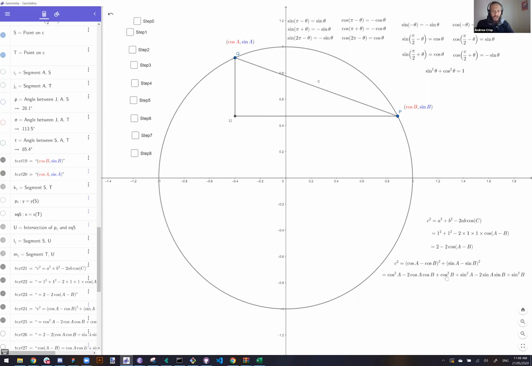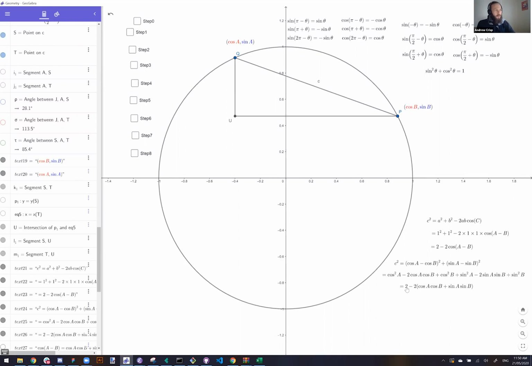And similarly, I've got a cos squared B and a sine squared B. Grab those together, turn it into a 1. And so I've got a 1 from sine squared A plus cos squared A, and I've got another 1 from sine squared B plus cos squared B. And I've also got minus 2 cos A cos B minus 2 sine A sine B. Let's gather all of that together.